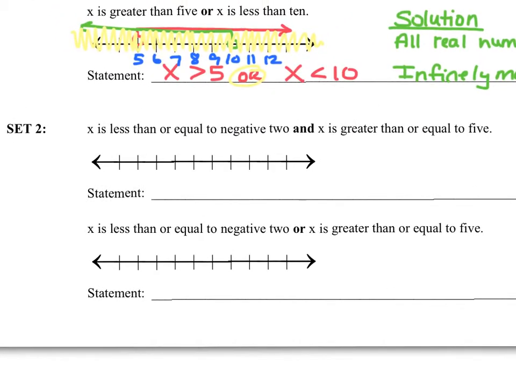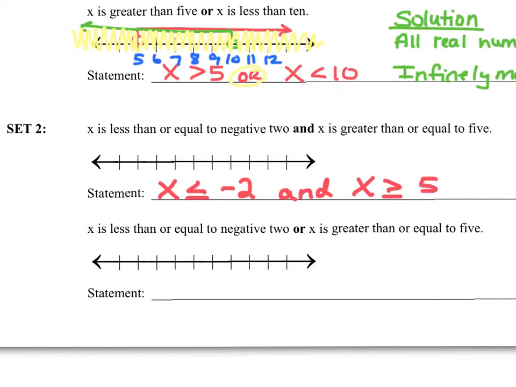All right, let's see, we have x is less than or equal to -2, and x is greater than or equal to 5. Okie dokie, we have x is less than or equal to -2. I'm hoping that we're getting better at writing these out. And then we have x is greater than or equal to 5.